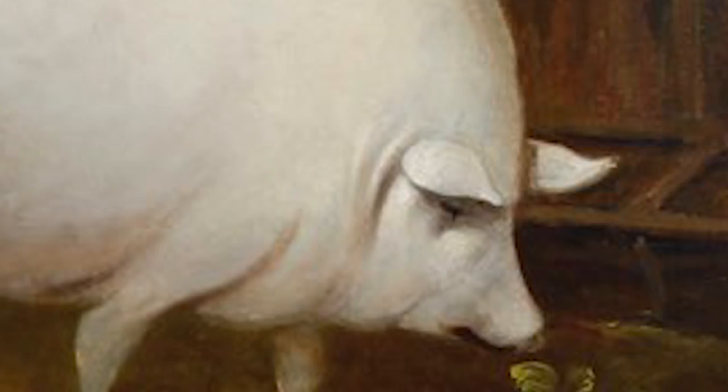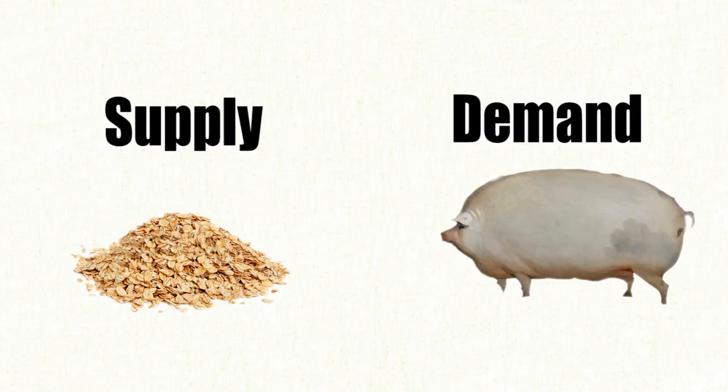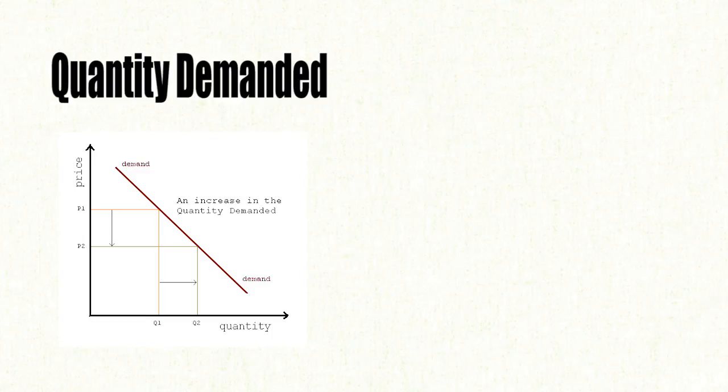Basically, supply and demand is the backbone of our entire economy. Supply refers to the amount that a market can offer, while demand is the one for those goods or services. For example, there is a supply of oats, and there is also a demand for those oats. Now let's take this a bit further. The amount that people are willing to purchase a good at a certain price is known as quantity demanded.